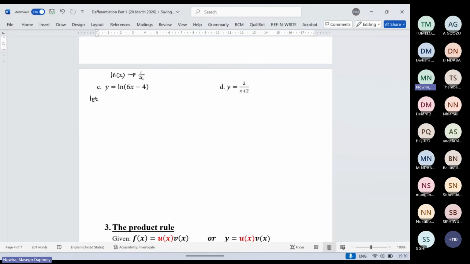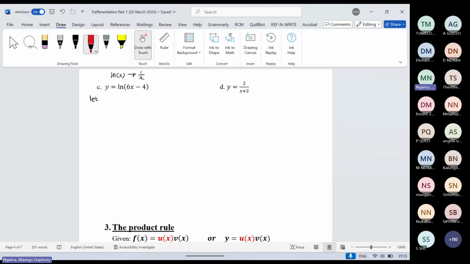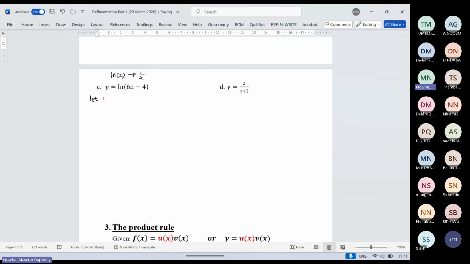Let's start with let u, before we differentiate. Let u be 6x minus 4.